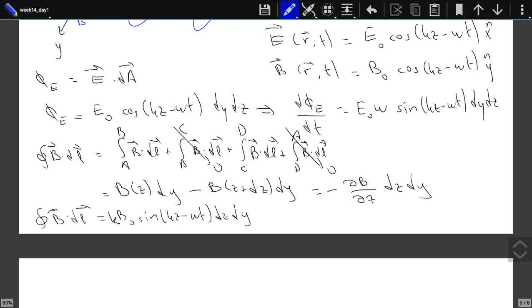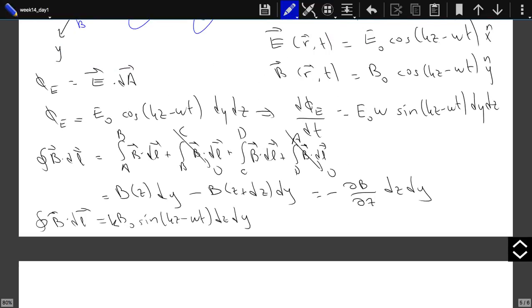There's another minus, so it's k times sine. Now, the Ampere's law just tells me that this integral should be equal to mu0 epsilon0 times the derivative of the electric flux, which is this one.